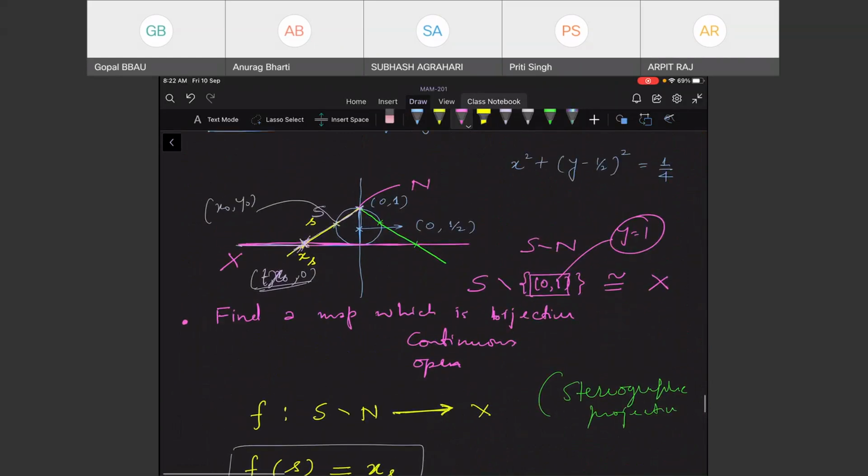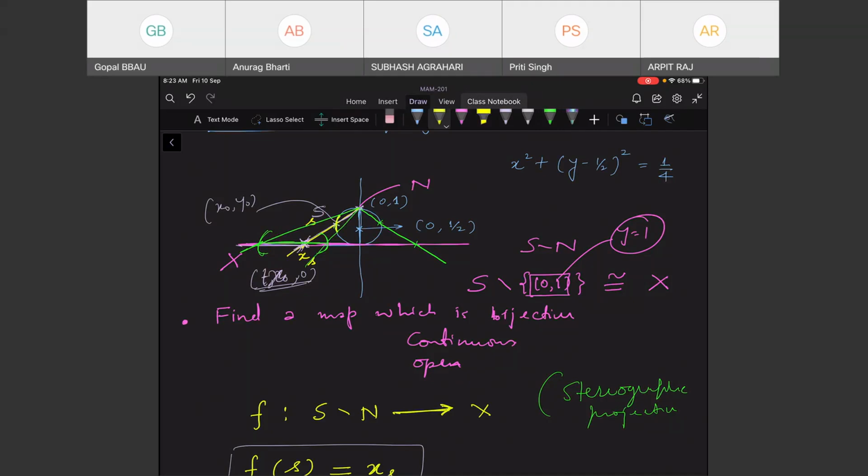You may also see this via taking any open set here. So this is an open set. What you will get is the inverse image of this. So connect this, and you will get this open segment.